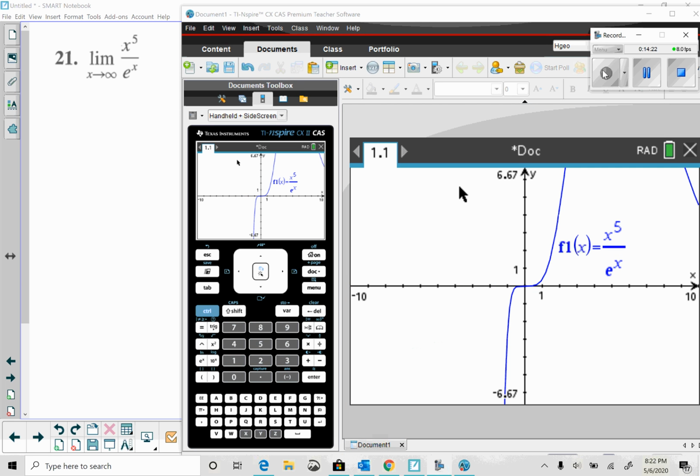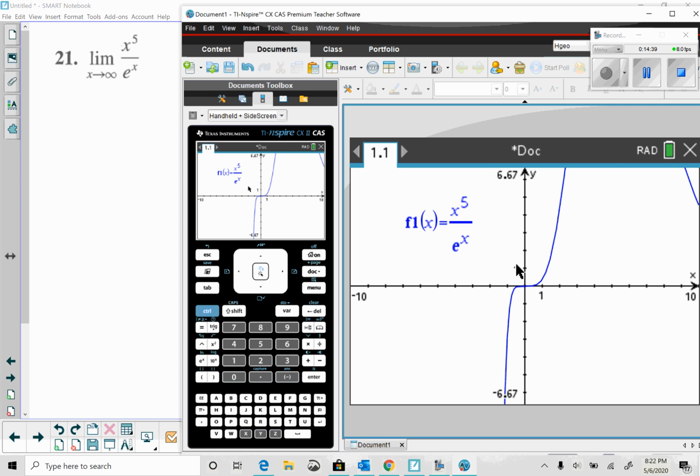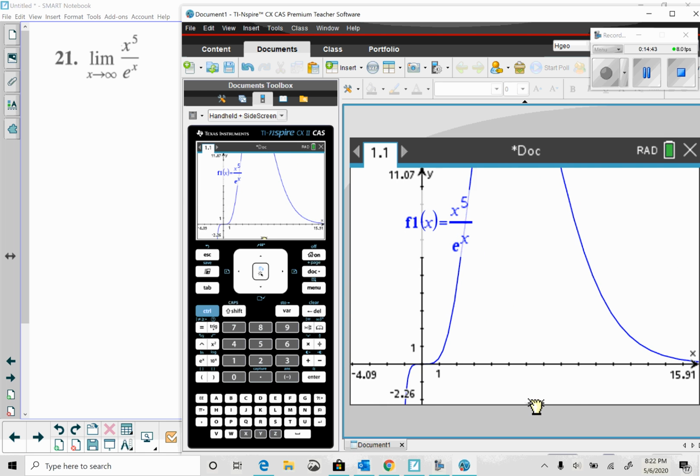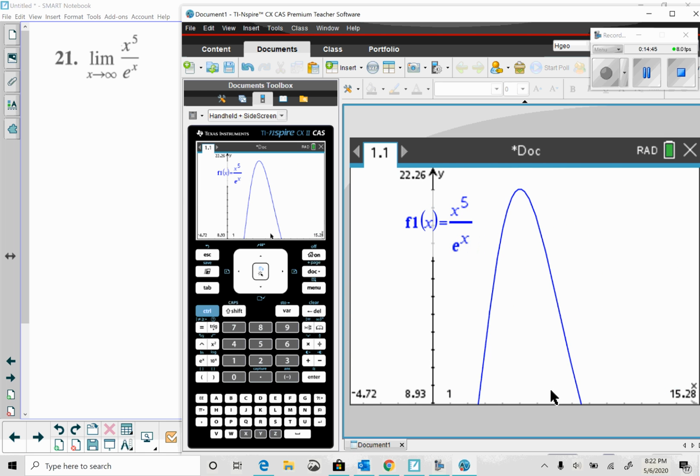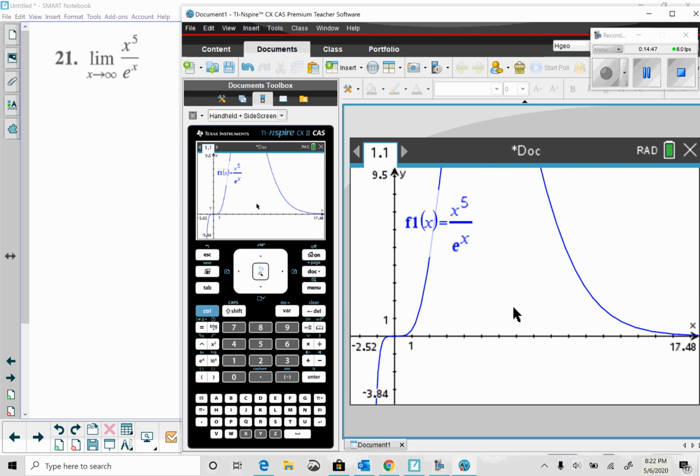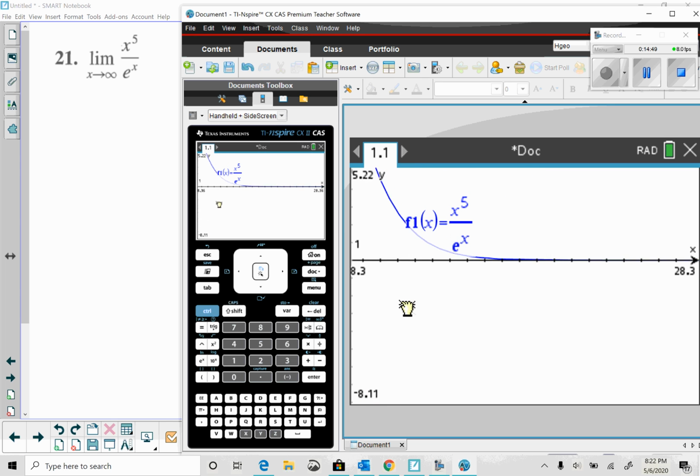Okay, so now for 21, the limit as x approaches, we're going to positive infinity this time, of x to the fifth divided by e to the x power. Well, isn't that interesting? We got this ridiculously large number here, but then it comes back down.